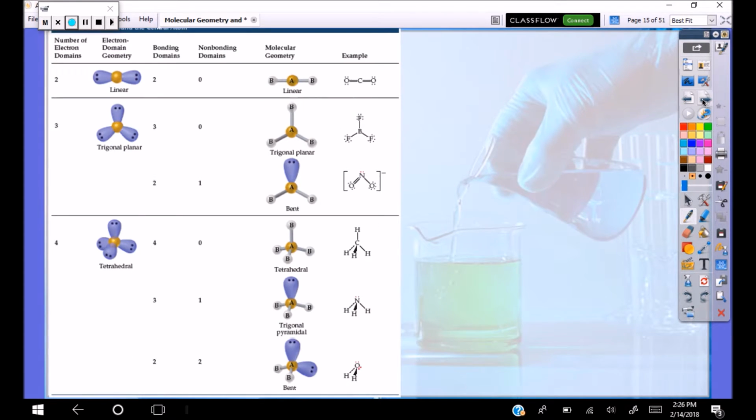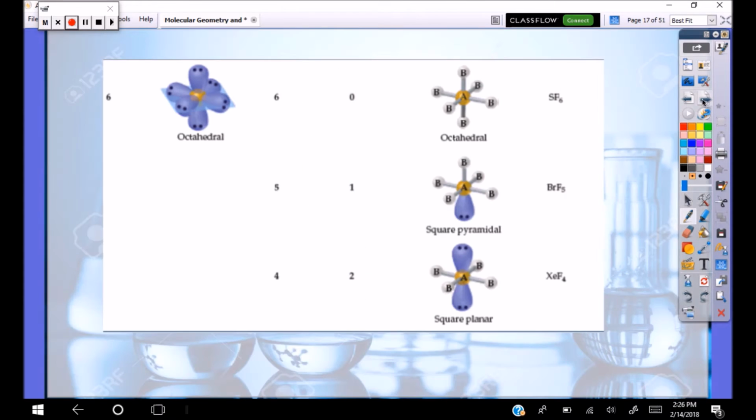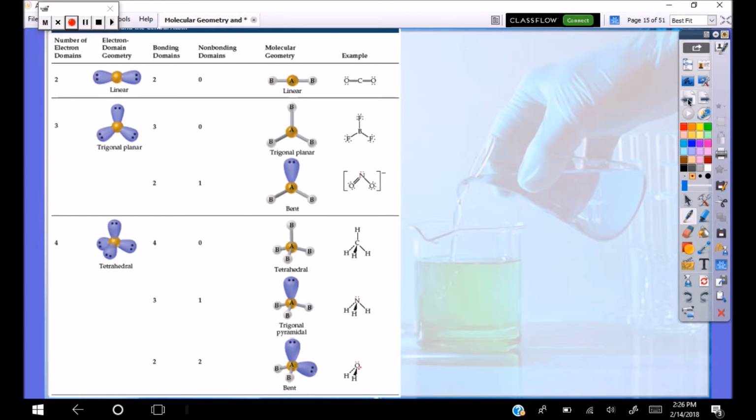So again, this just helps clarify some of the things we were looking at on the simulation. Interestingly, I don't think I put the angles on here, so that's strange. I think it's good to know the angles, or at least generally know the angles. 180, 120.